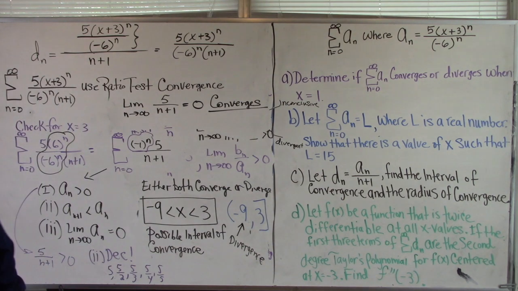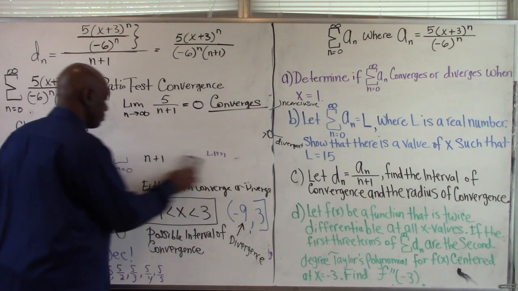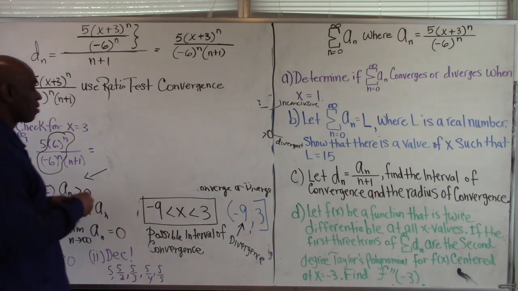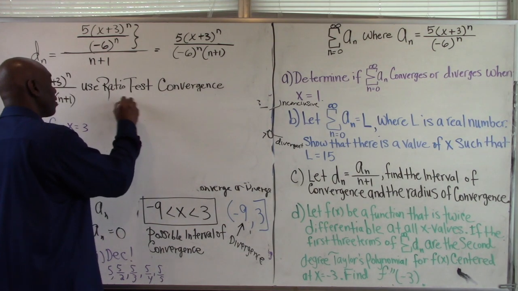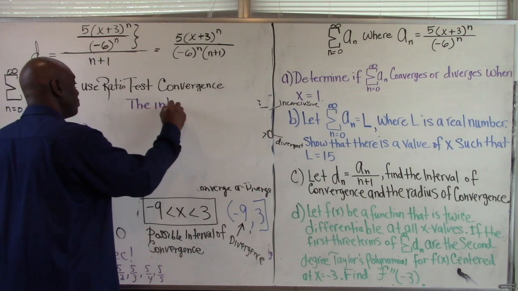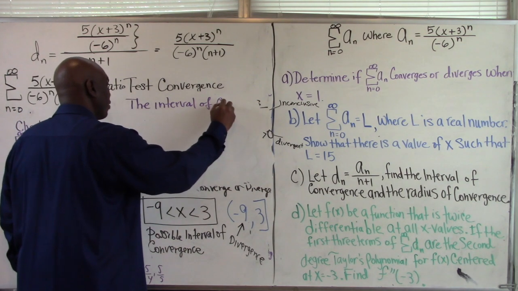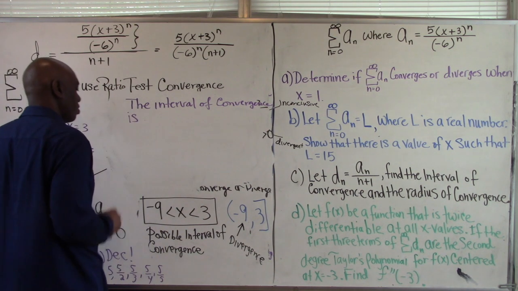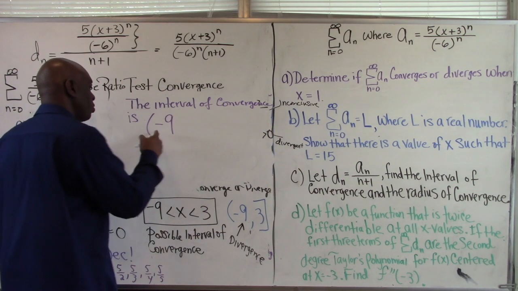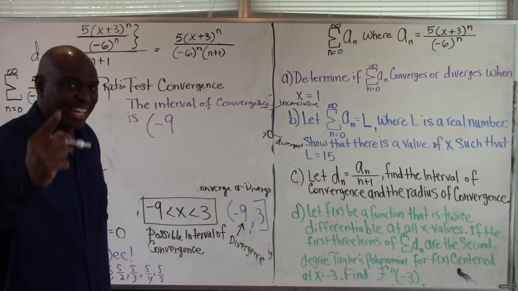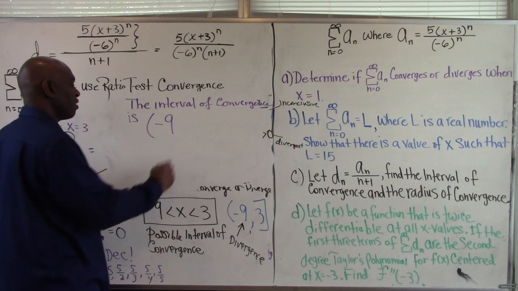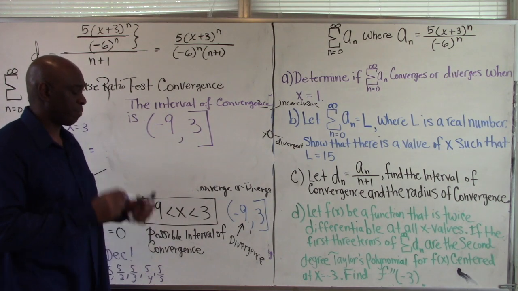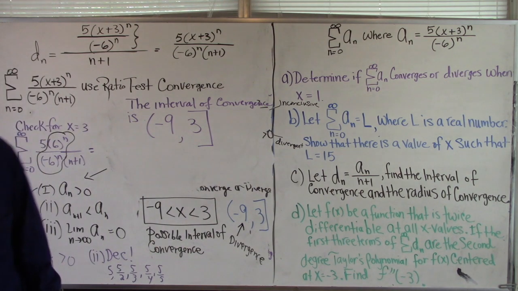So the actual interval of convergence is open interval -9, do not include it because -9 did not converge. Open interval -9, comma, 3 closed interval. There you go. That is our interval of convergence.